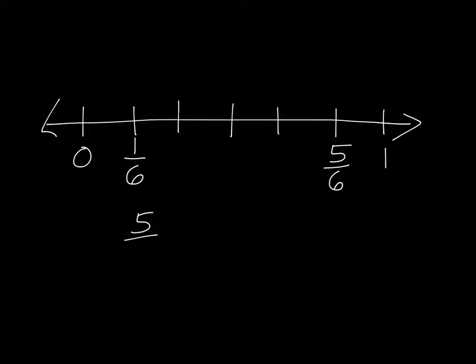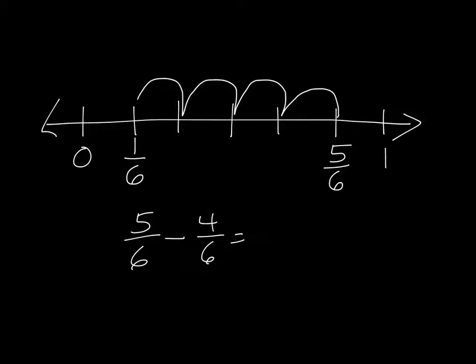If I want to do 5/6 minus 4/6, I can hop on the number line, and I can subtract 1/6, 2/6, 3/6, 4/6. And where do I land? On 1/6, which is the answer to my subtraction problem. So you can use just subtraction, or you can use a number line to help you visualize that difference.